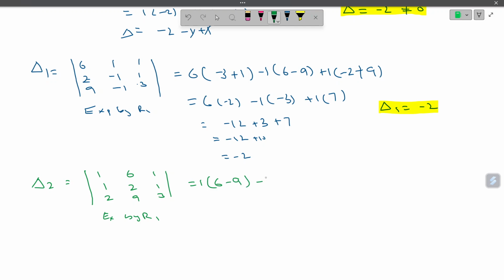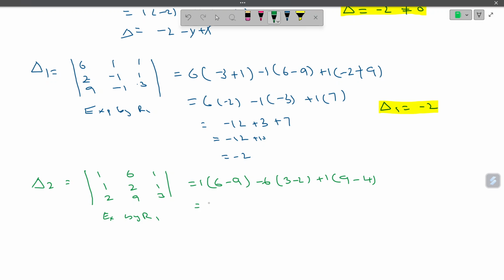6 minus 9 minus 6. Leaving this column and these rows, so 1 times 3 is 3, 3 minus 2 plus 1. Leaving this and this, so 1 times 9 is 9 minus 2 times 2 is 4.